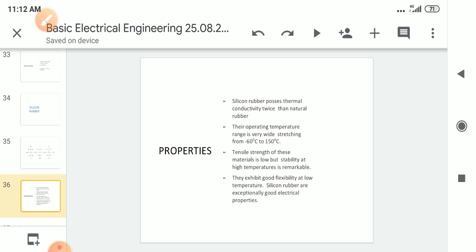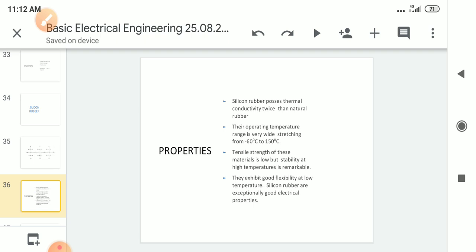So by observing these properties, the silicon rubber possesses thermal conductivity twice that of natural rubber, and its operating temperature is very wide, stretching from 60 to 150 degrees centigrade. Here the tensile strength is low, but stability at high temperature is remarkable. At high temperatures also it is stable without stretching more, right?